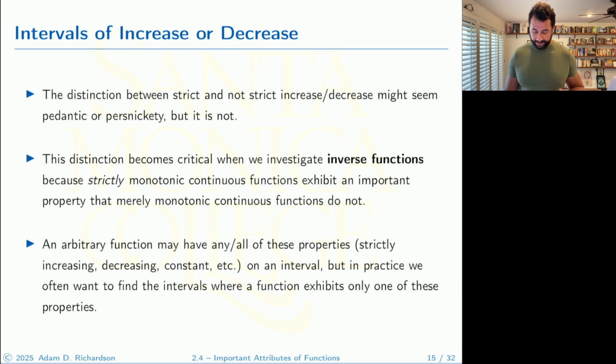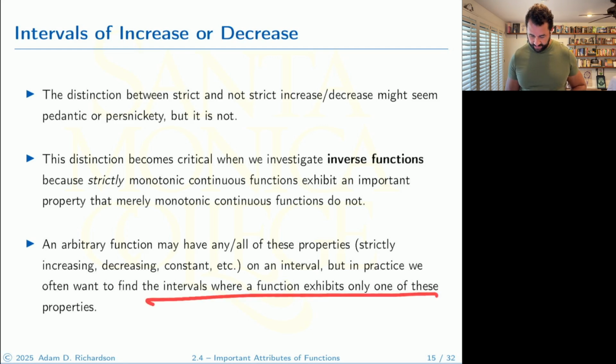Now, one other note about this. An arbitrary function, just some random function that you pick out of thin air, may have any or all of these properties. It could be strictly increasing in places, decreasing in places, constant in places, on any given interval. But in practice, we usually want to find the intervals where it has just one of these properties.